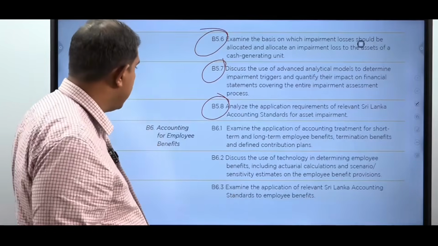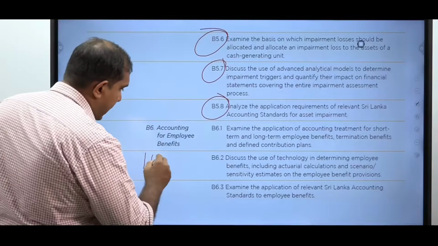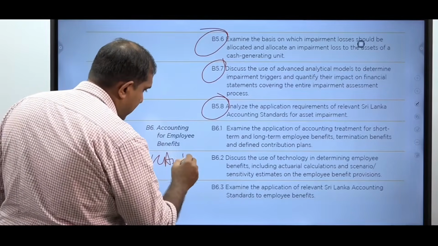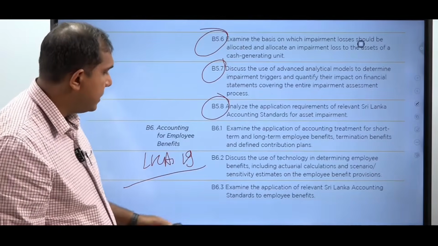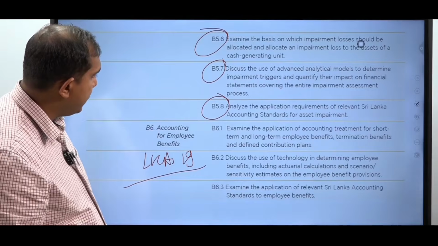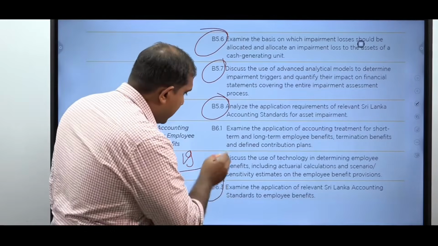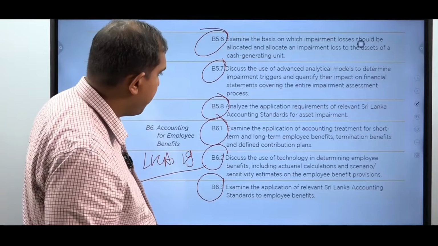That's the application. Then accounting for employee benefits, LKAS 19. Right? How many sub-objectives? 3 sub-objectives.